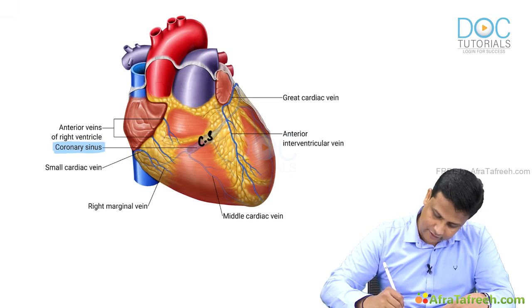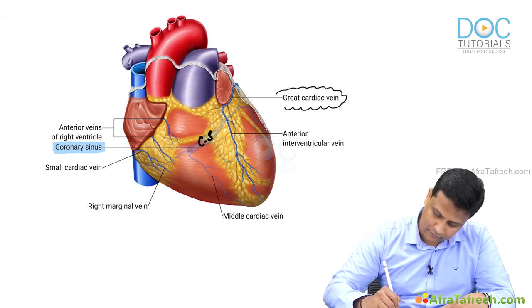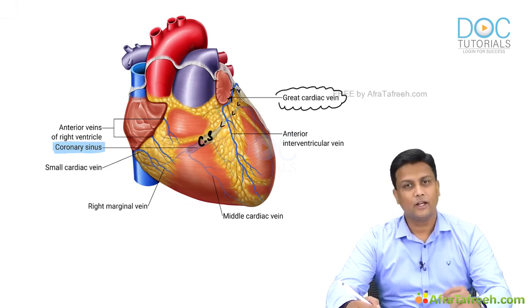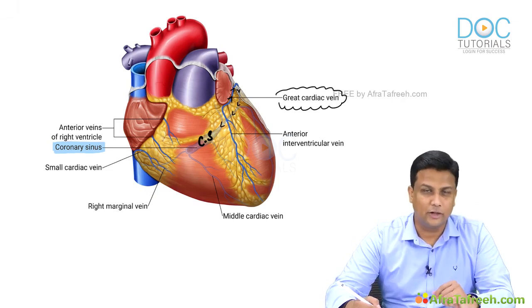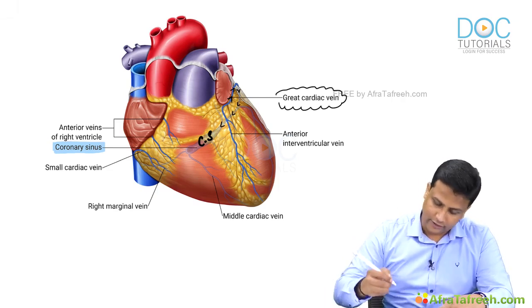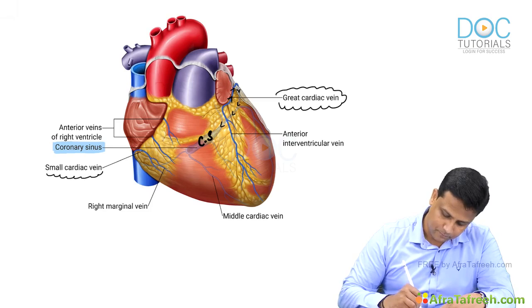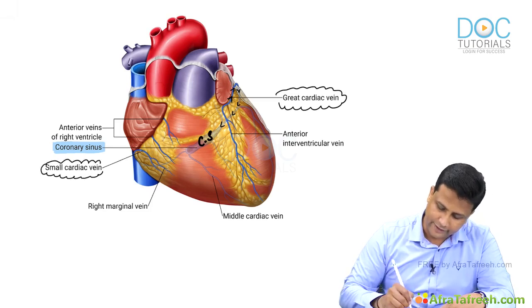now you can clearly see here, this is the great cardiac vein, guys. Just follow the great cardiac vein. Yes, it goes back, takes a turn, and then drains the blood into the coronary sinus. So the great cardiac vein will drain the blood into the coronary sinus. On the other side, you have the small cardiac vein here, and again the same story.